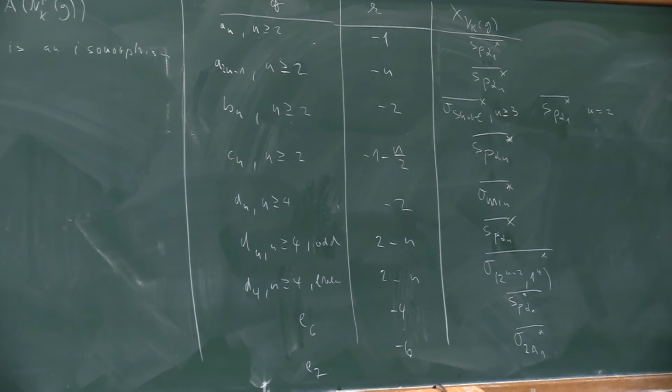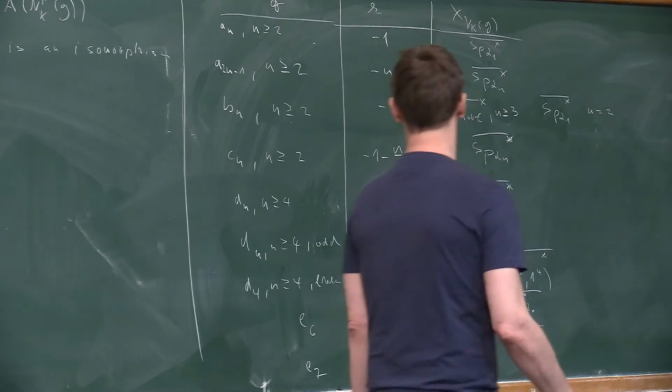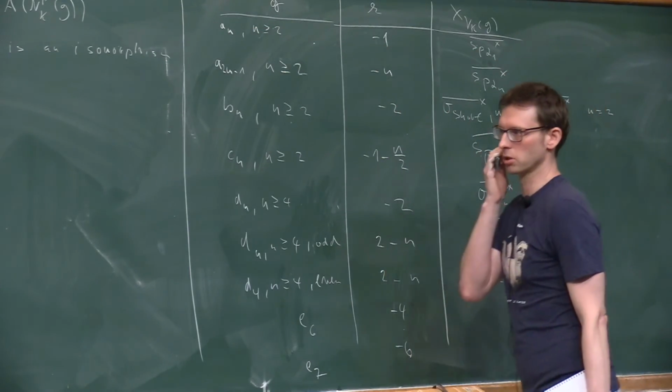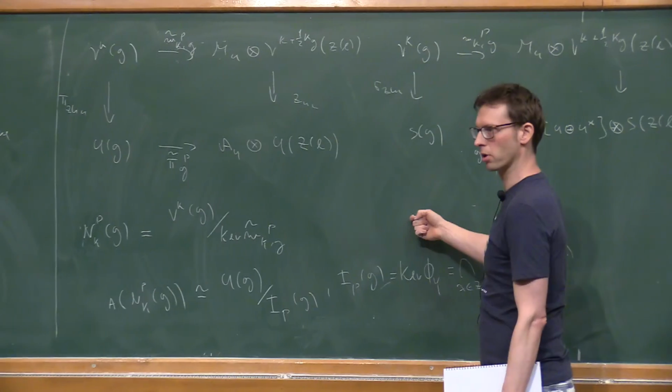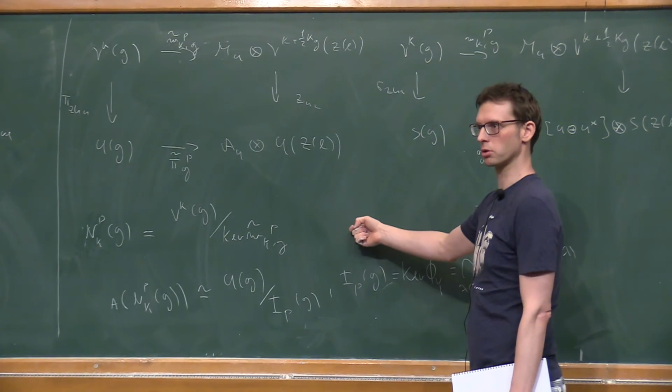I'm not saying that the quotient is simple. That is another question. So we need to show that sometimes it's simple, and if it's not simple, how to extract information about the simple quotient.